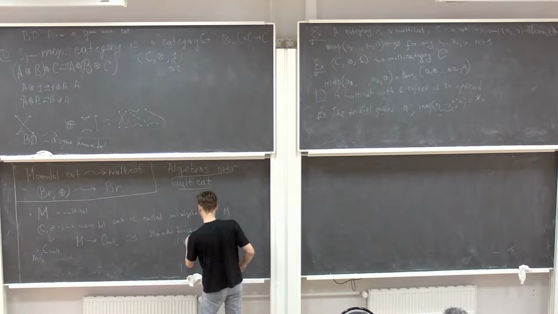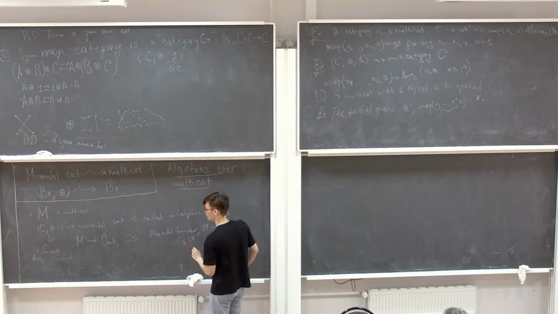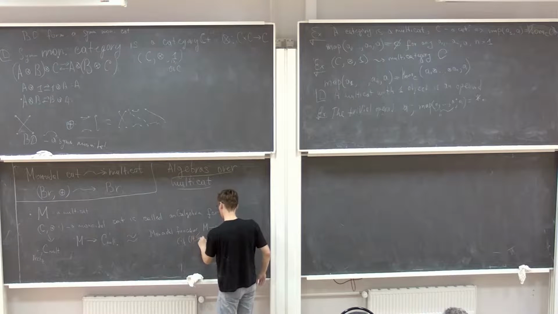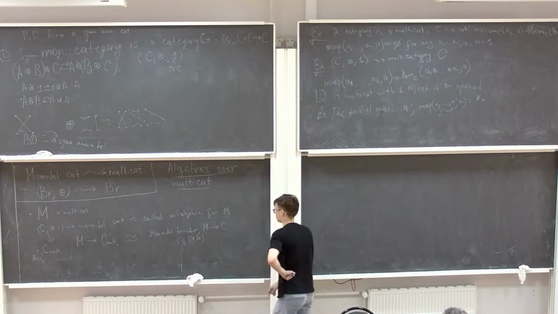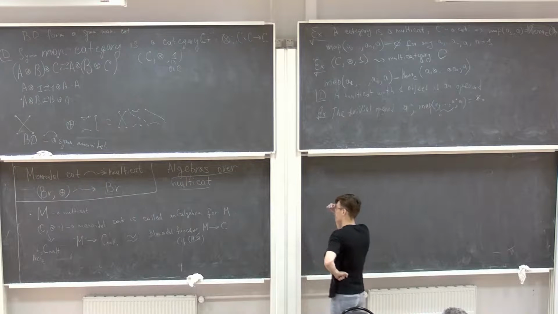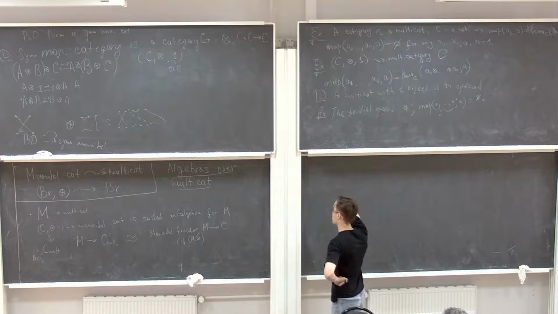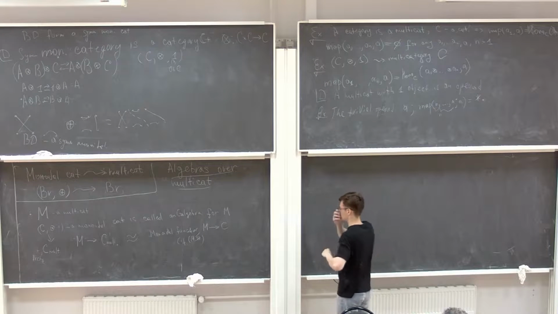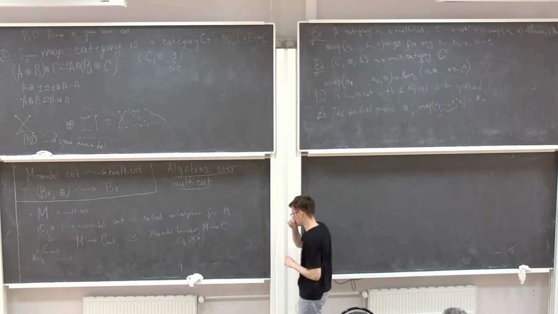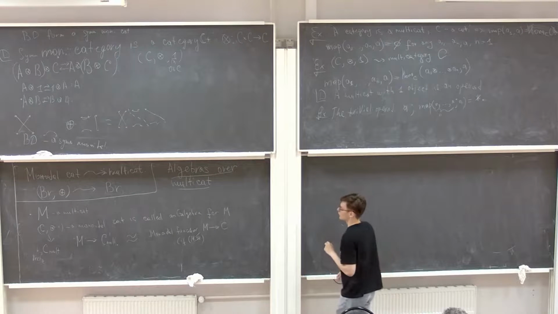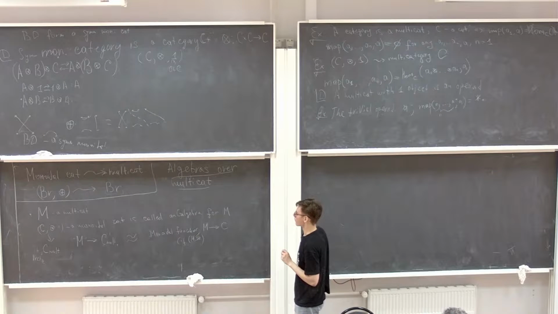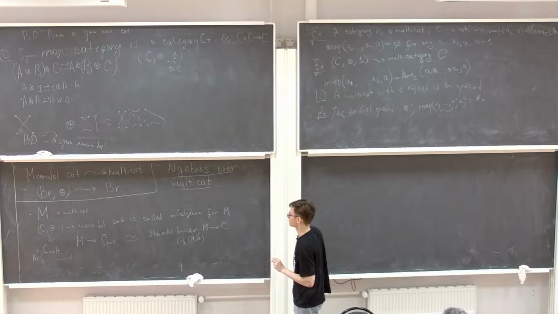If M was a multi-category generated by this, then algebras of multi-categories are just monoidal functors, a rather simple thing. Okay.